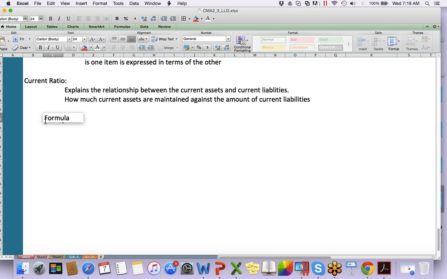This can be used with the formula: current ratio equals current assets divided by current liabilities.